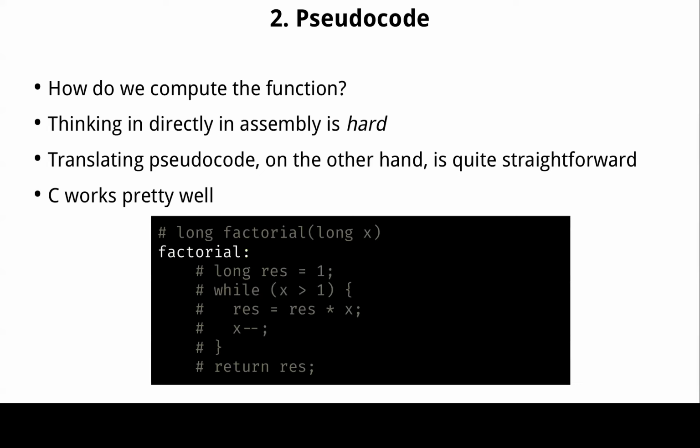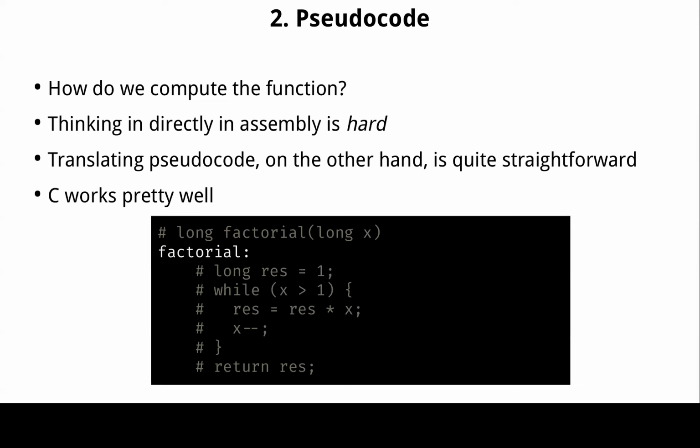After that, you need to write the body of the function. It will be easier if you write some high-level pseudocode or C code first, then translate that into assembly. So you have a higher-level understanding of what you are writing, and you also have the abstractions, concepts like variables and loops.